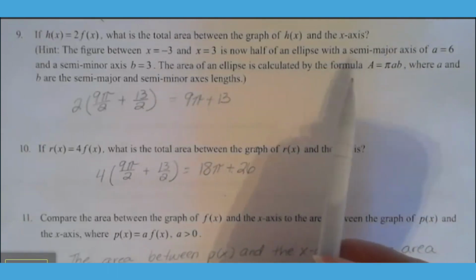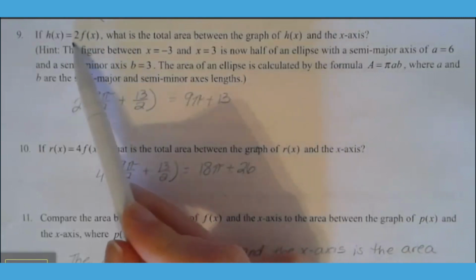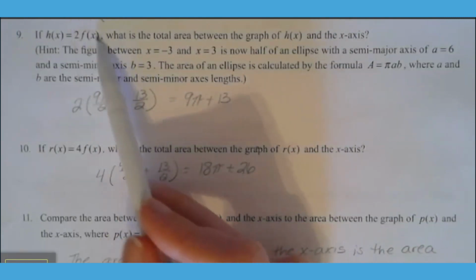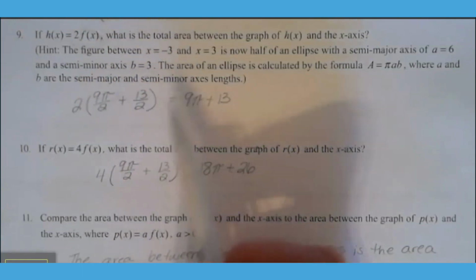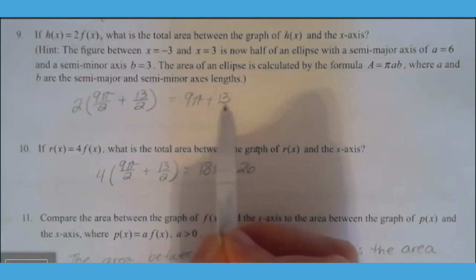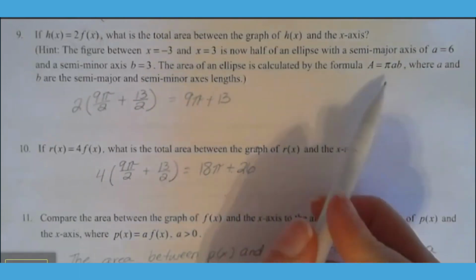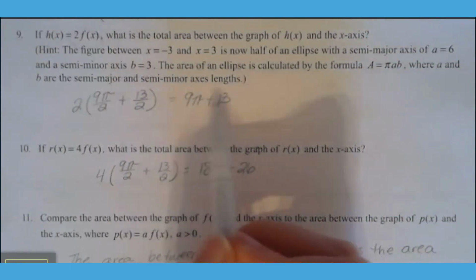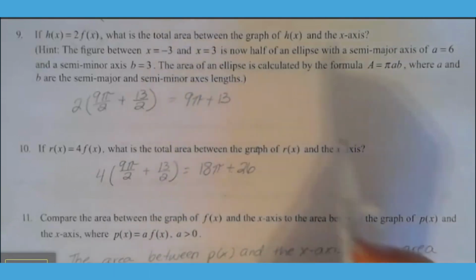area of that ellipse. What I'm hoping that some students will pick up on, though, is that, well, if my function is twice as tall, then my area will be twice as large, and I'm able to then get 9 pi plus 13. If they actually use the formula for the area of an ellipse, and they figure out what each individual area is and add them together, we should still get 9 pi plus 13.